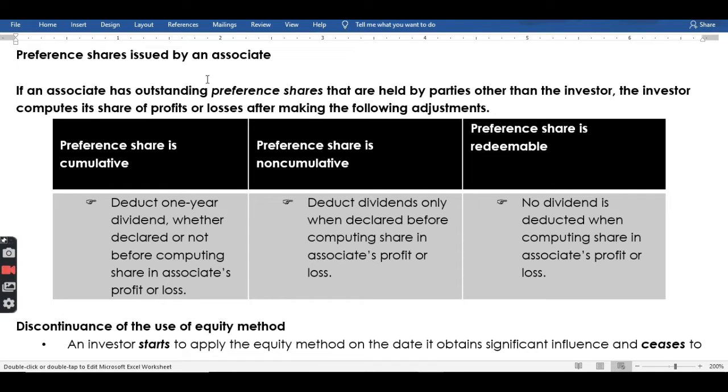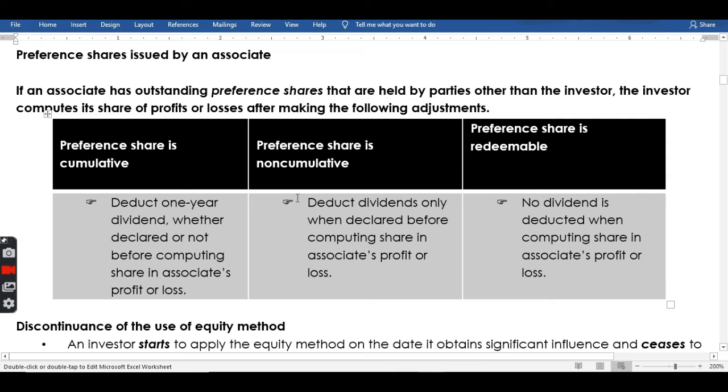Then, ang kailangan mo munang gawin dyan is, of course, determine whether there is a portion of the preference dividends that needs to be deducted. Okay? So, ang basic na rule natin dyan, kapag yung preference share ay cumulative, then regardless if there is dividend declaration or none, doon sa preference share, kailangan nating ibawas yung preference dividend doon sa net income, okay, para makuha natin kung magkano yung share natin doon.